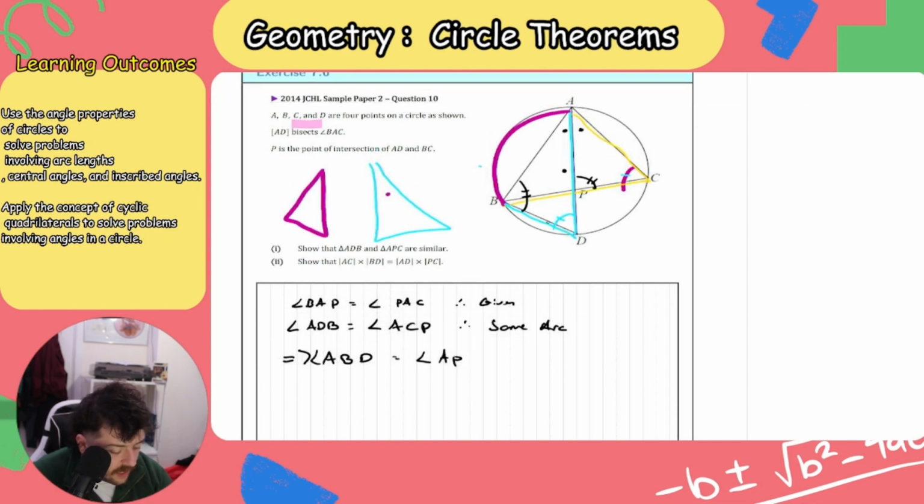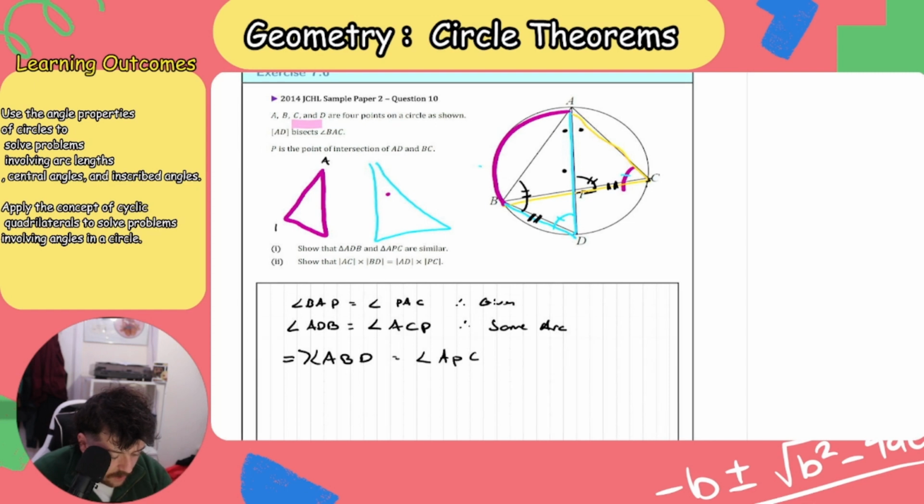So I know this angle is equal to that angle. So APC. So I know this angle is equal to this angle. So I want to prove that AC times BD is equal to AD times PC. So let's use my rules of similar triangles here. So this side, the one between the double and the single angle here, corresponds to this side. So PC corresponds with BD.